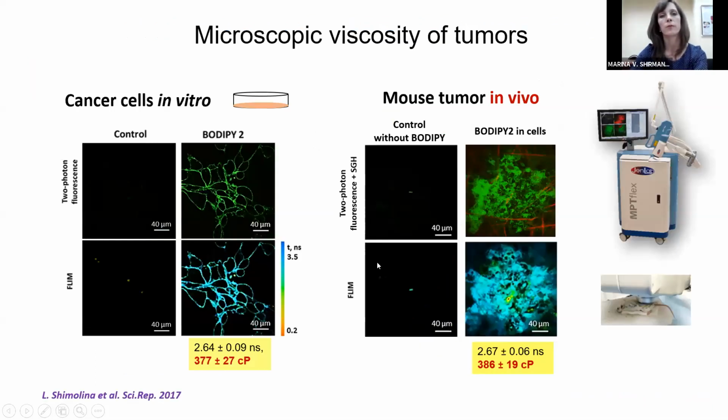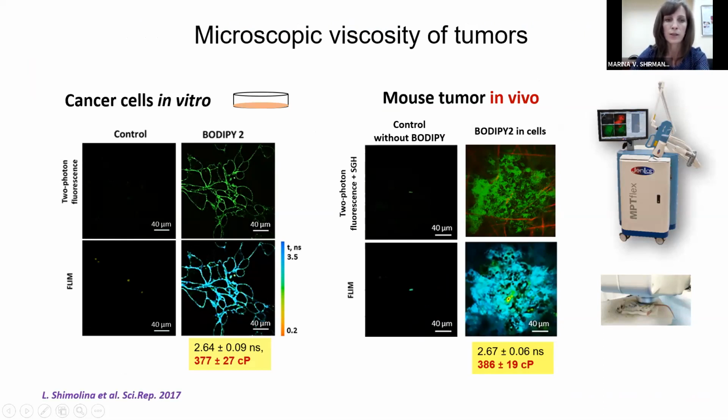We performed such measurements for cancer cells in vitro and compared the viscosity between in vitro cultured cells and in vivo in a mouse tumor. Here we see cultured cancer cells stained with a molecular rotor.